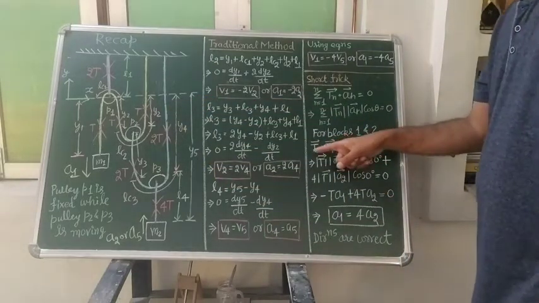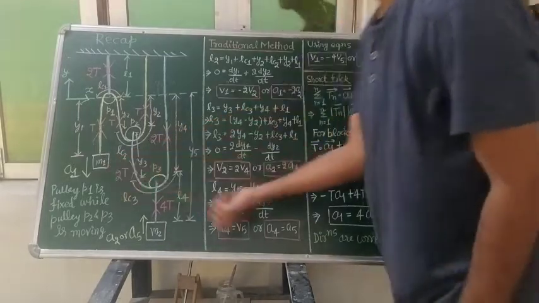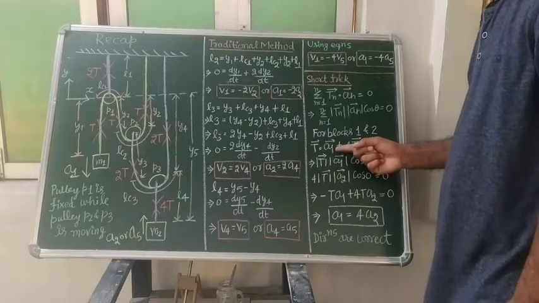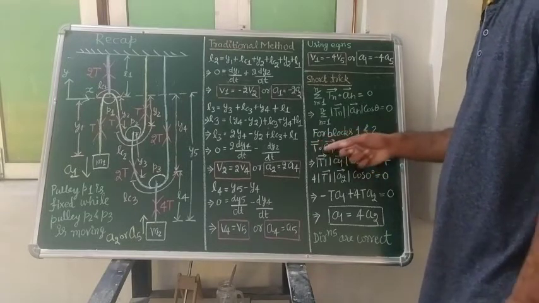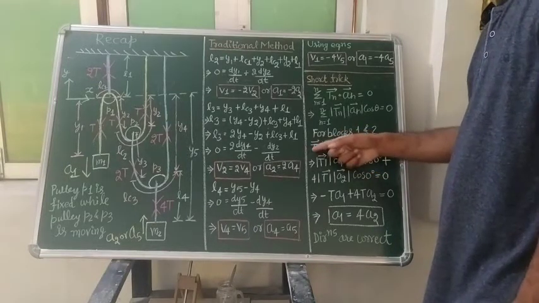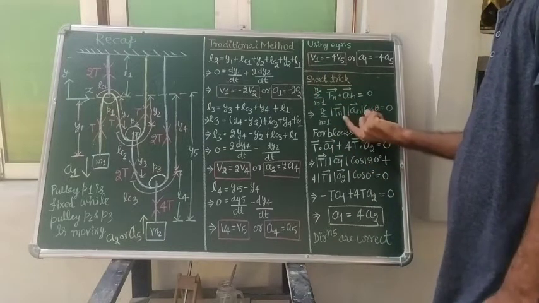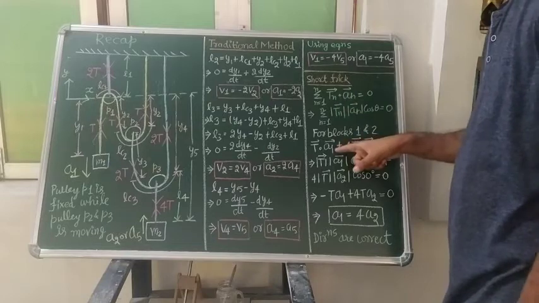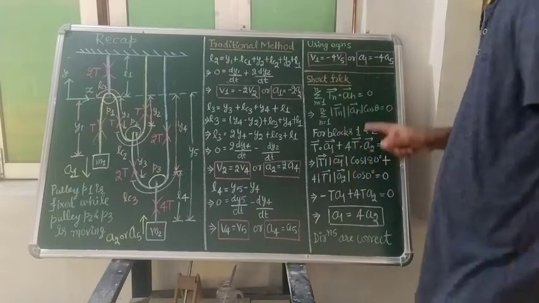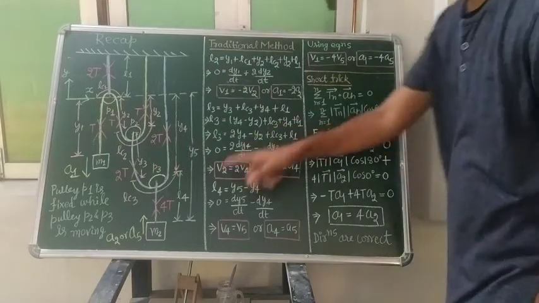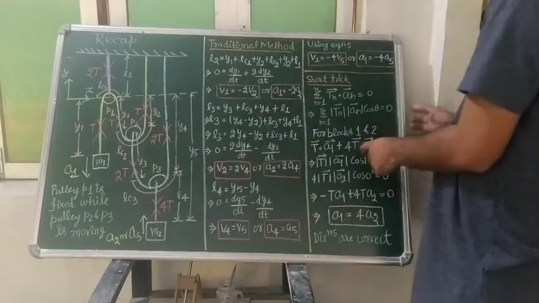For block 1, the tension T vector is upside, acceleration is downside which is A1. So T vector dot A1 vector will be the representation of this trick for block 1, plus the 4T tension upside and acceleration A2.